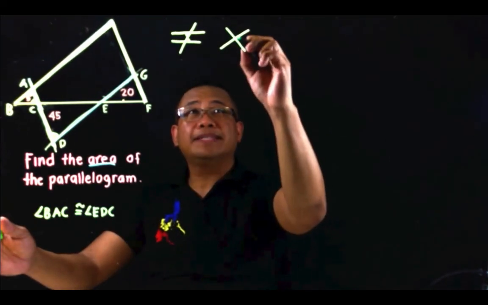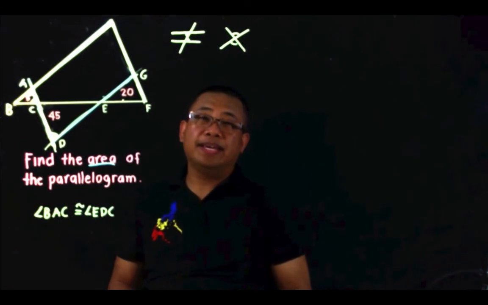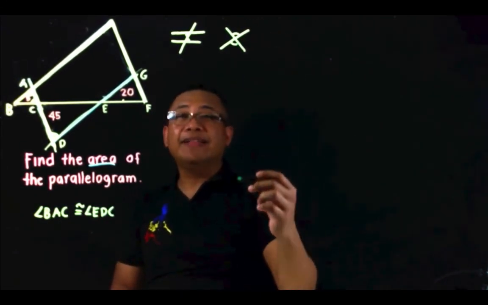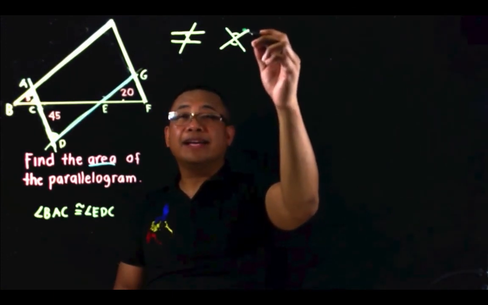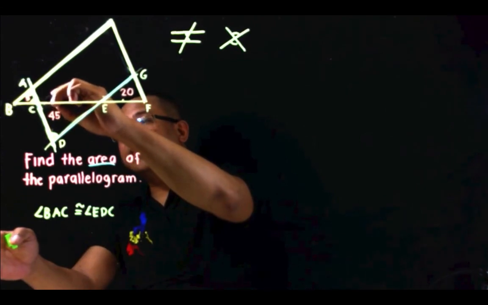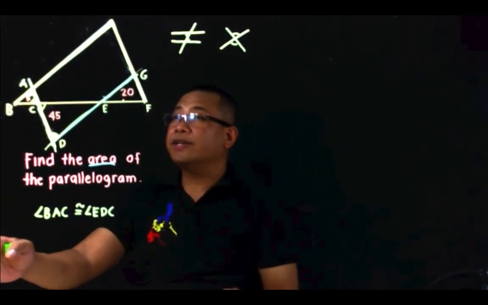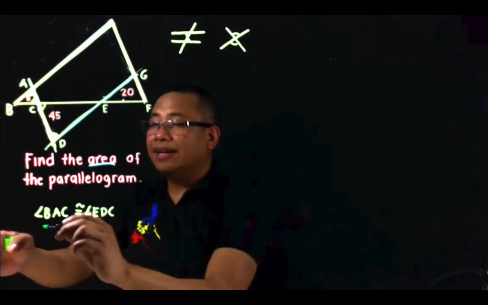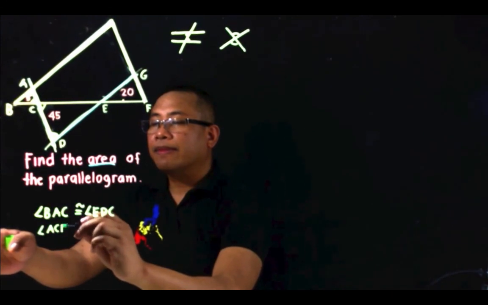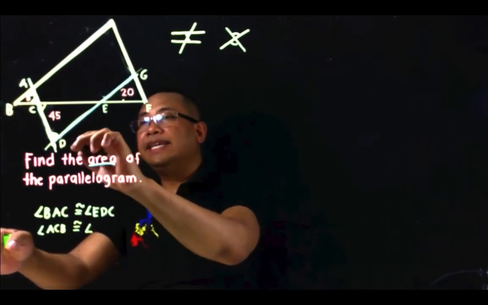Next, when we have 2 lines, the angles formed opposite each other is what we call as vertical angles. And by vertical angle theorem, these 2 vertical angles are also congruent. Notice here also that we have this angle and this angle to be vertical angles, and therefore they are congruent. So we can now say that angle ACB is congruent to angle DCE.